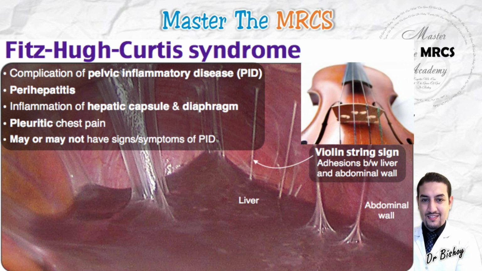The violin string sign is the adhesion between the liver and the abdominal wall in Fitz-Hugh-Curtis syndrome. That's why a complication of pelvic inflammatory disease can cause perihepatitis and inflammation between the hepatic capsule and the diaphragm called the violin string sign.